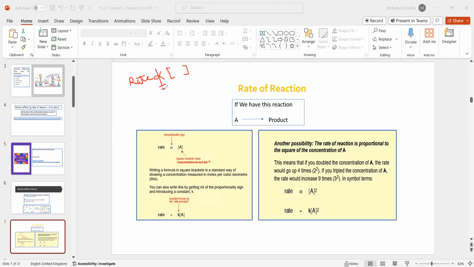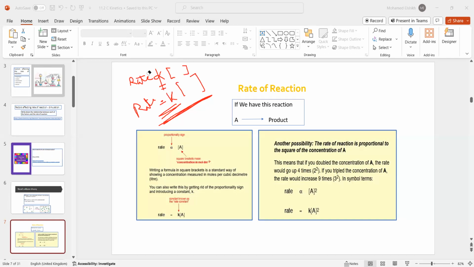If you remove this proportionality sign, you need to say rate equals a constant, let's call it K, times the concentration. This equals K is a replacement for the proportionality sign. Fine. So up to now, that's fine. This equation here, we call it the rate equation. Fine.